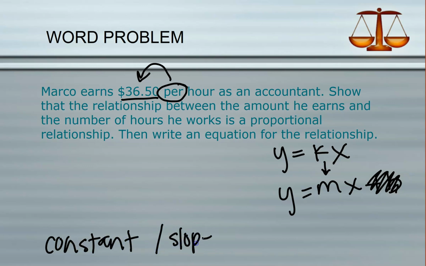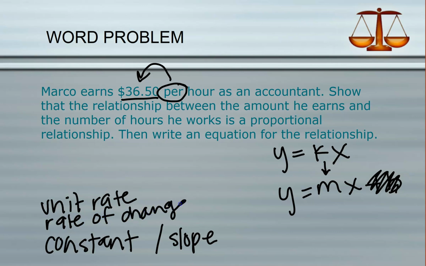In seventh grade, you learned it as constant, unit rate, and rate of change. In eighth grade, we are adding the word slope. Before you start freaking out, it is the same thing.